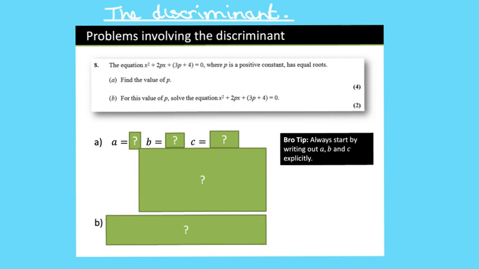B, for this value of p, solve the equation x squared plus 2px plus 3p plus 4 equals 0. First, work out a, b, and c. So a is 1, b is equal to 2p, c is equal to 3p plus 4.